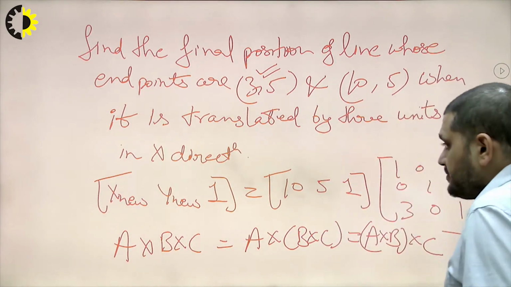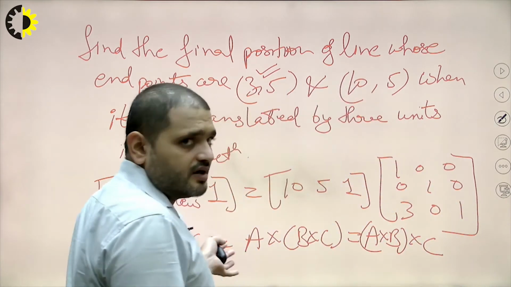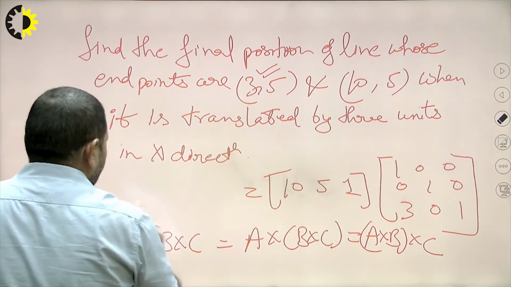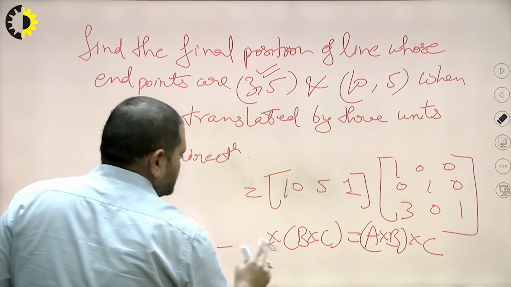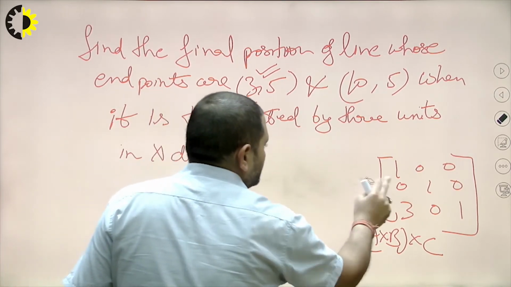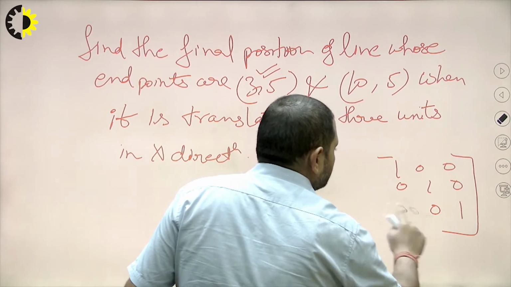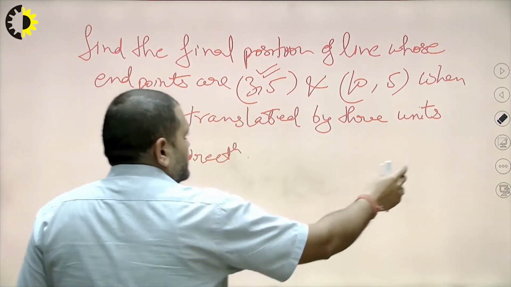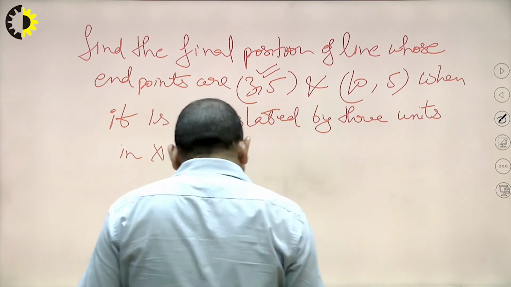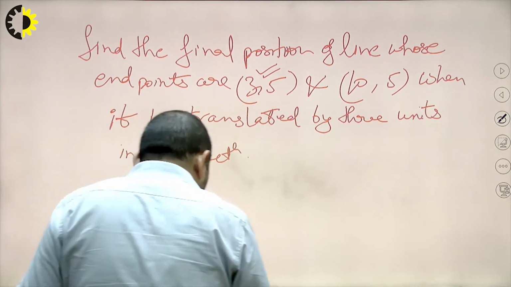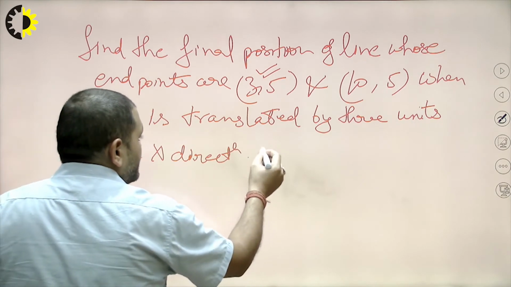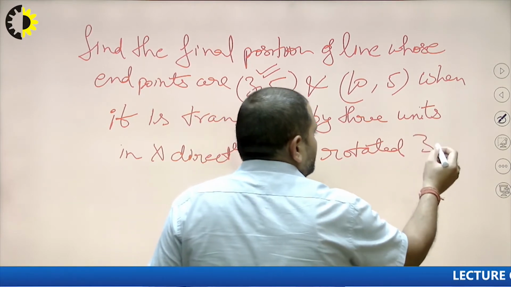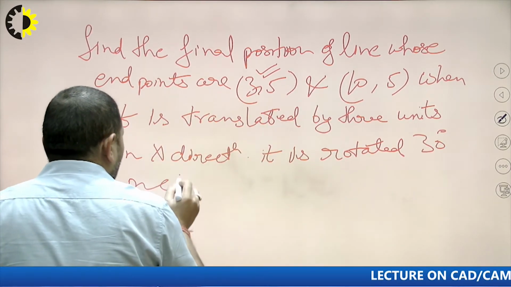Okay, so let's say, in this question, I have done a translation by 3 units in the x direction, and then it is rotated by 30 degrees in the clockwise direction.